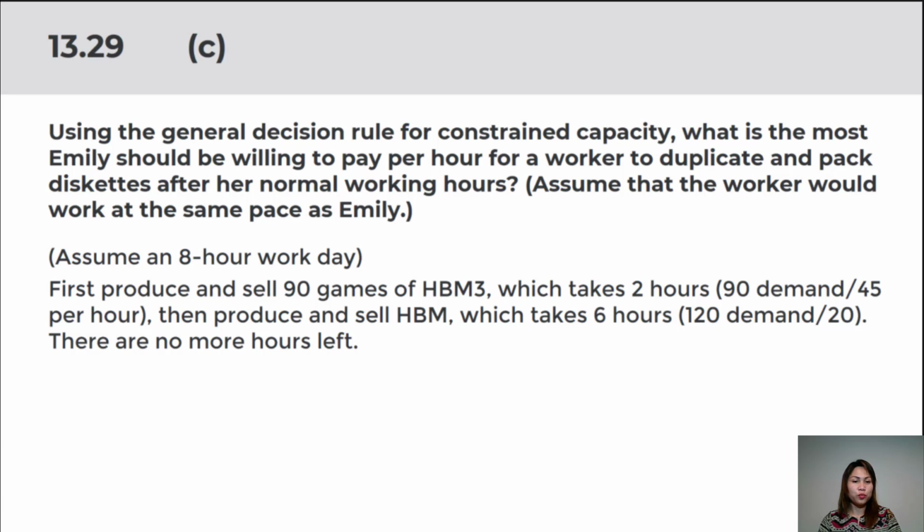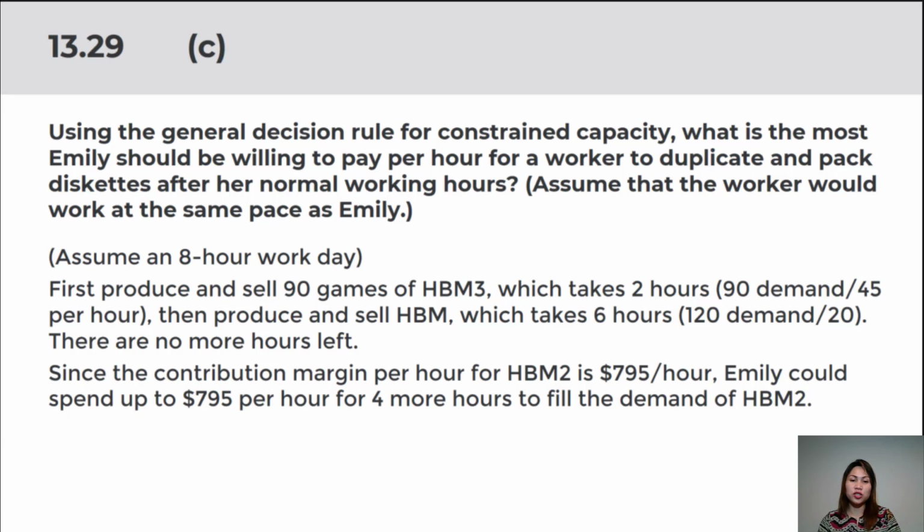First, we need to produce and sell 90 games because the maximum is 90 games daily demand for HBM3. It will take a total of 2 hours, 90 demand divided by 45 per hour. Then produce and sell HBM because HBM is the second highest contribution margin per hour, which takes 6 hours, 120 demand divided by 20. There are no more hours left after this.